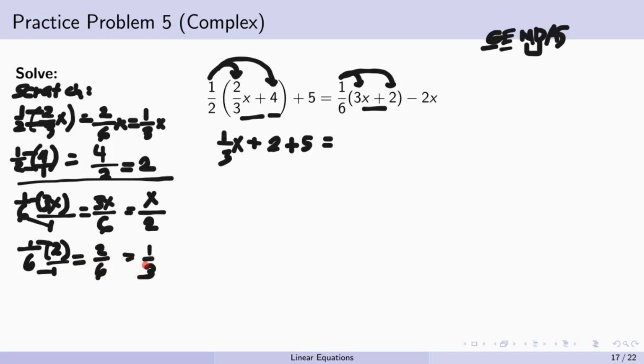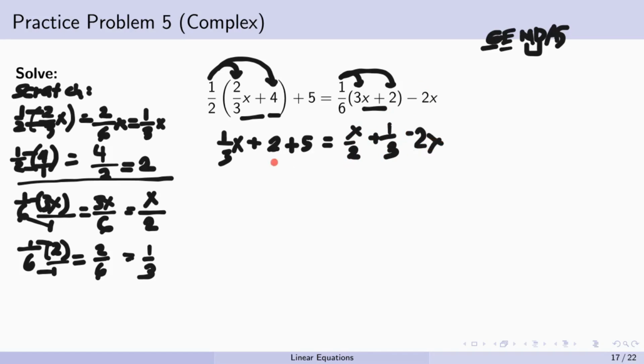Therefore, it gives us the simplified form 1/3. And there we have 1 over 6 times 3x is x over 2. Also, 1 over 6 times 2 is equal to 1/3. So copy positive 1/3. And then write the unaffected term, negative 2x.